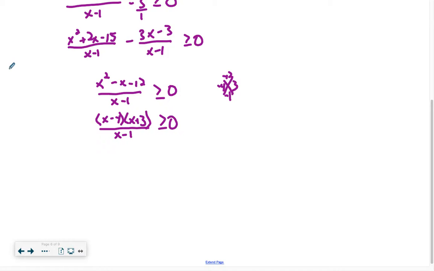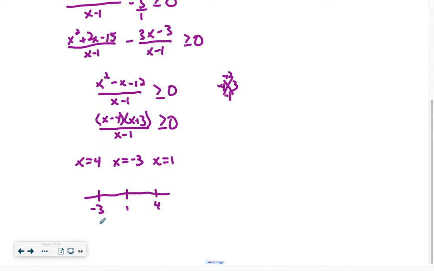So if I set each of these equal to 0, x minus 4 equals 0 would get me x equals 4. x plus 3 equals 0 would get me x equals negative 3. And x minus 1 equals 0 would get me x equals 1. So I want to take all three of these values and put them on a sign chart. Okay? So negative 3, 1, and 4.